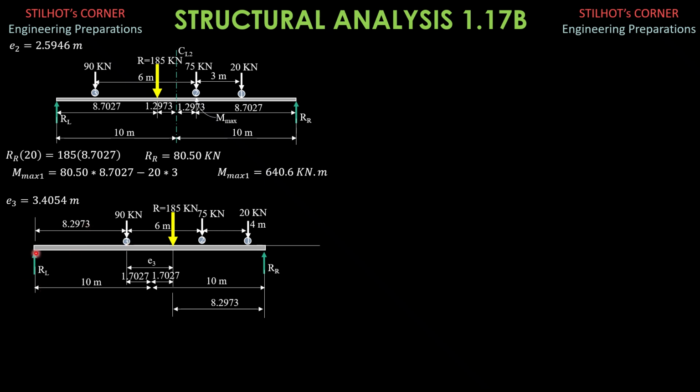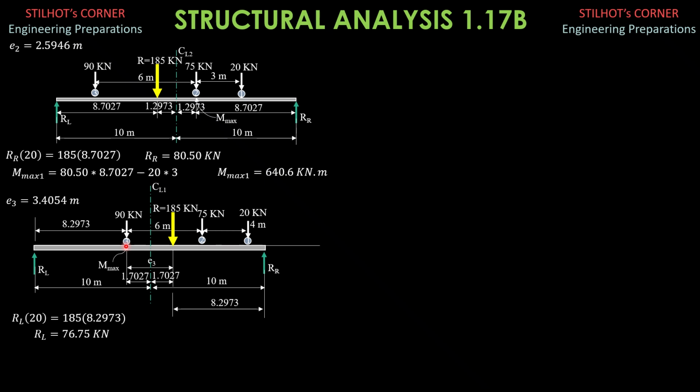So maximum moment under load 3 is simply R left times 8.2973. To solve for R sub L, we sum up moment about right. So RL times 20 equals 185 times 8.2973. So R sub L is equal to 76.75 kilonewtons.